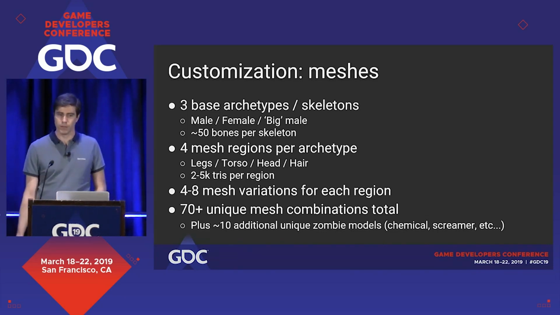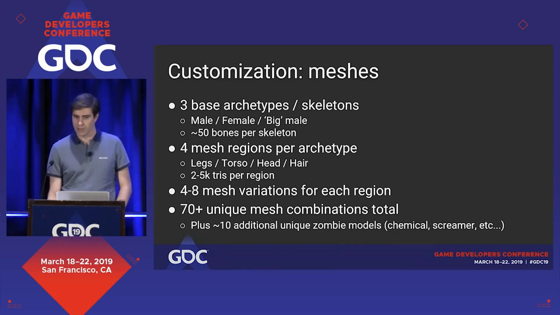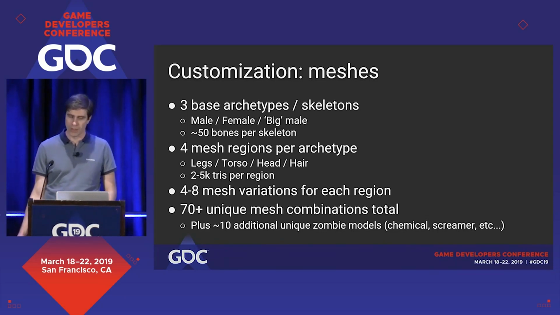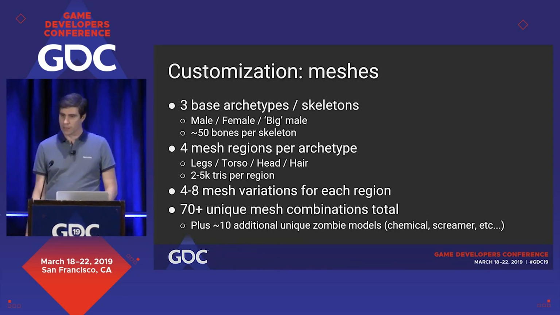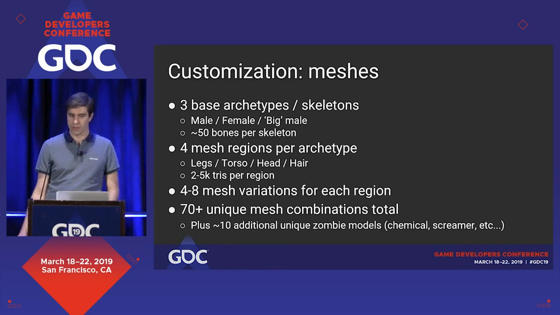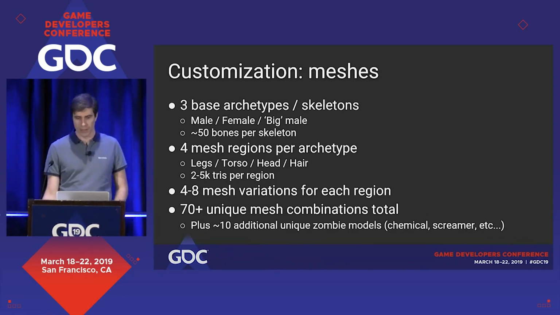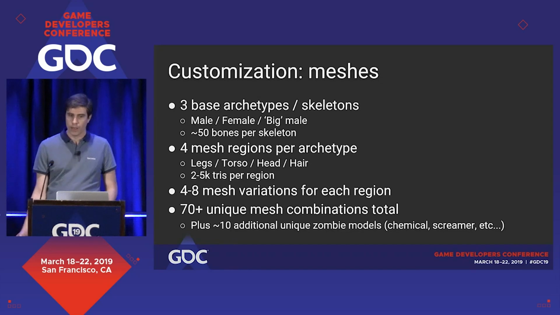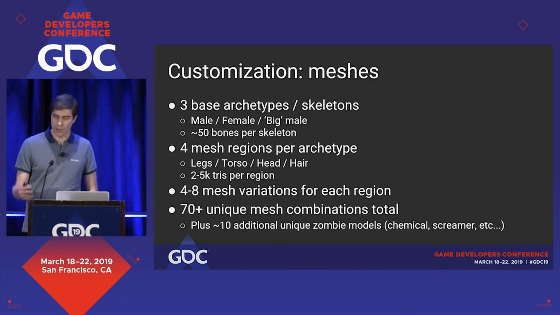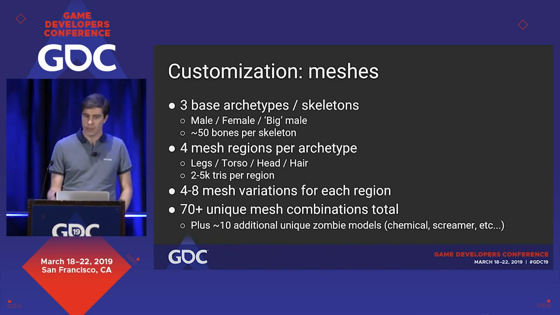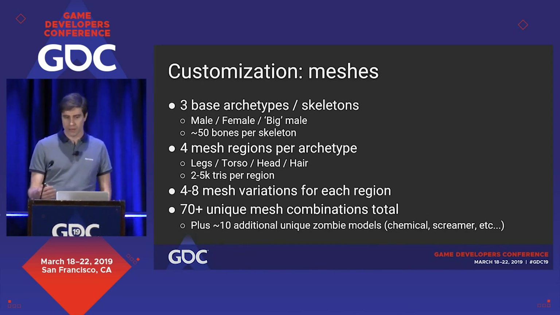The major part of the zombie customization system is geometry customization. So we chose to create 3 base archetypes, or 3 skeletons, for our zombies: male, female, and big male. For each archetype, we decided to have 4 different regions.